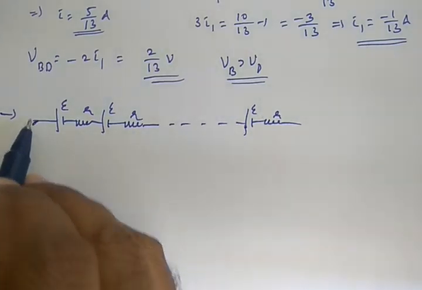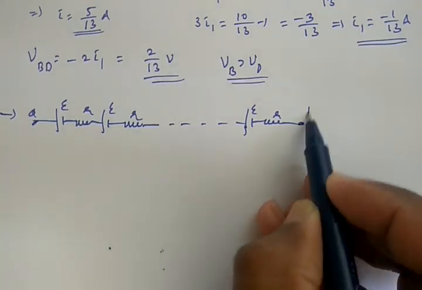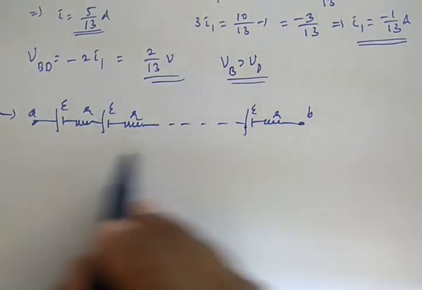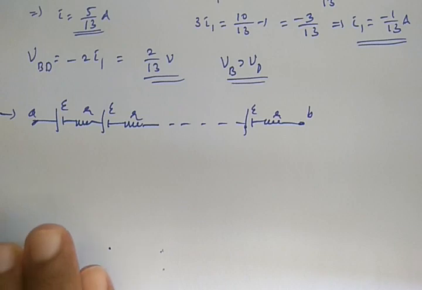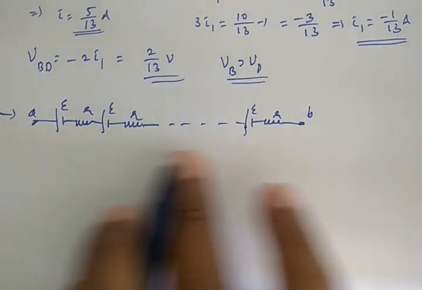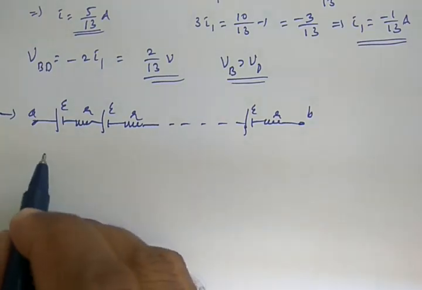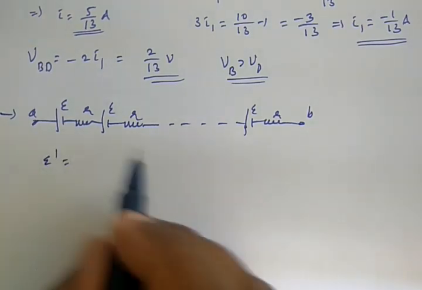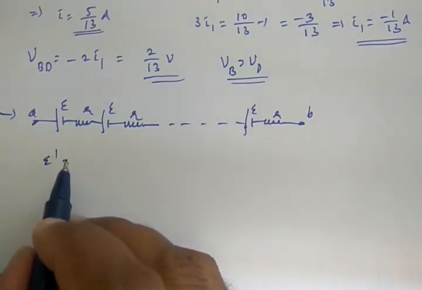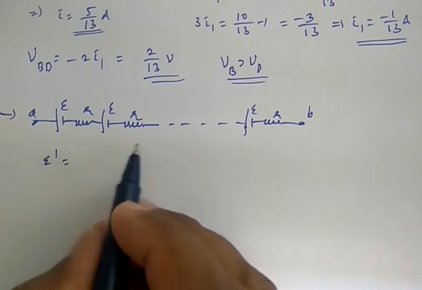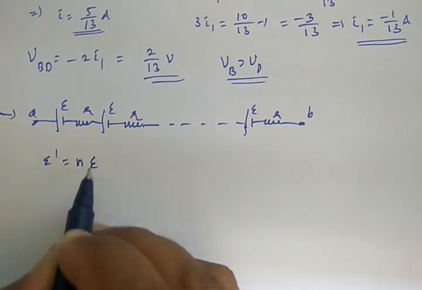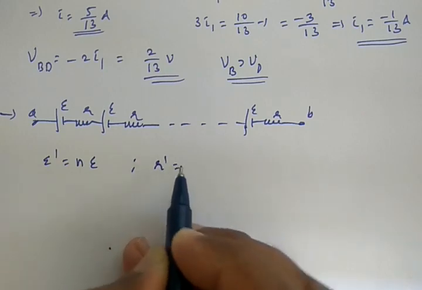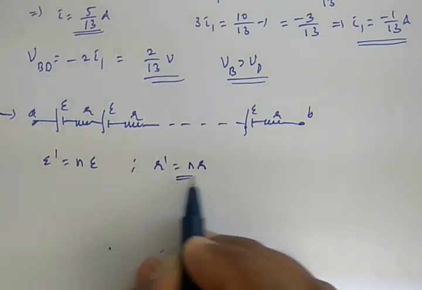Then what is the equivalent EMF and equivalent resistance of this battery? We have already discussed this while discussing series combination of batteries. You get nE, and internal resistance becomes nR.